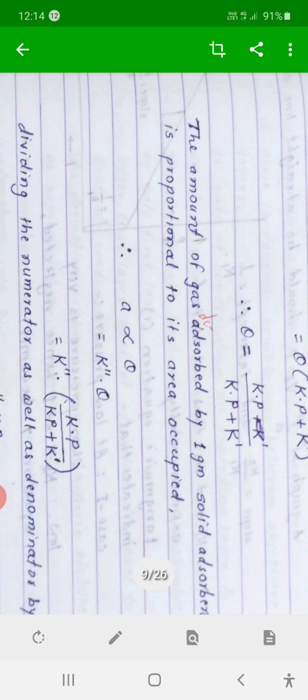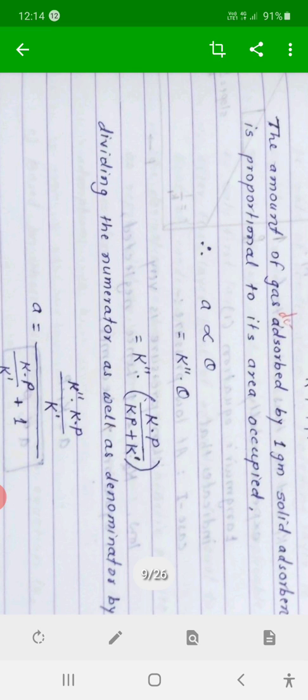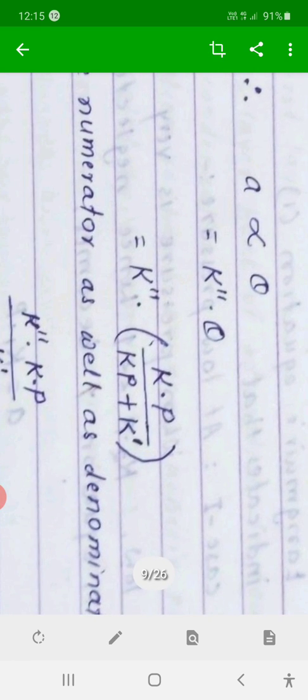Therefore, A is proportional to Q, that is A is equal to K double dash into Q. Substituting Q, A is equal to K double dash in bracket Kp upon Kp plus K dash.